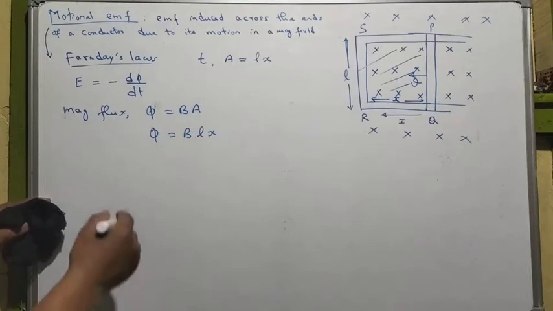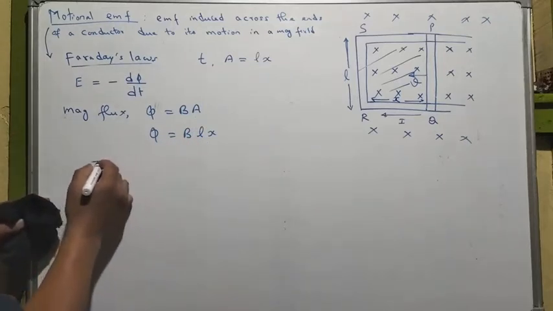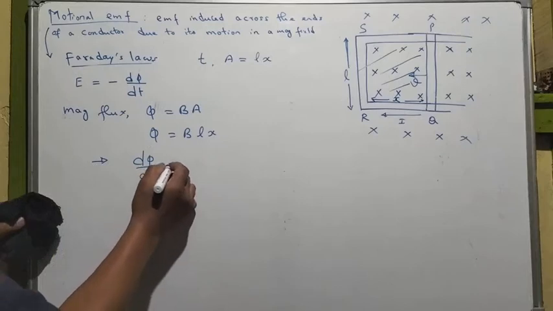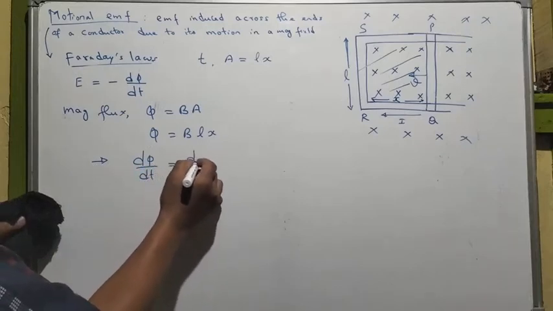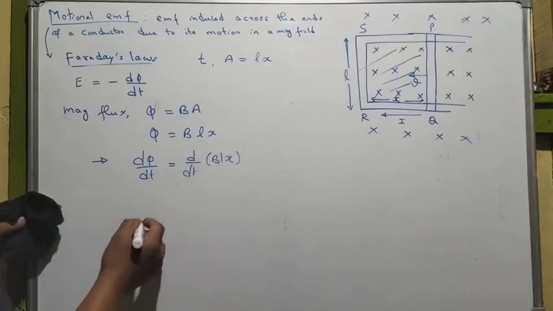Now, if you differentiate this equation on both sides with respect to time, you will get dΦ upon dt equals d/dt of BLx.